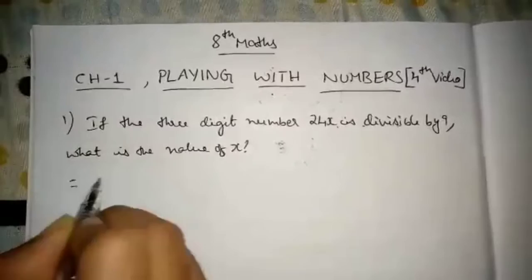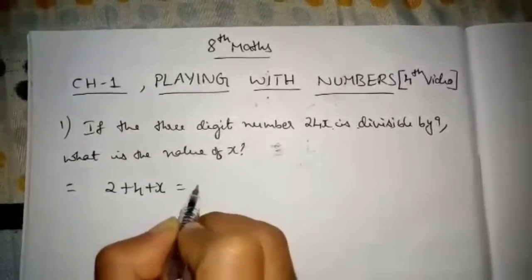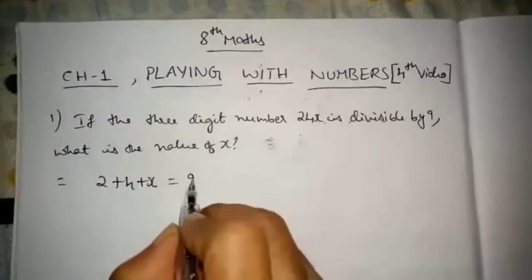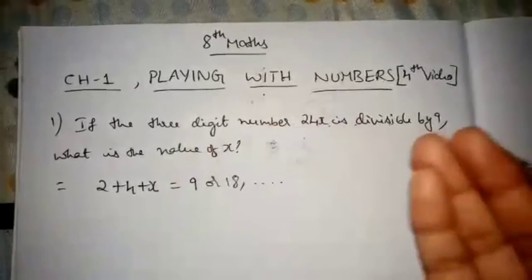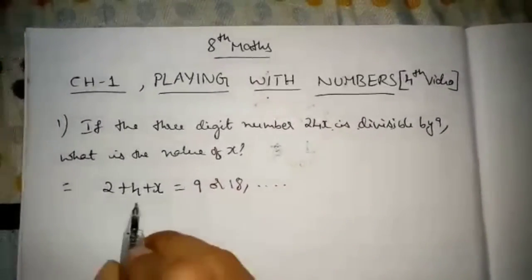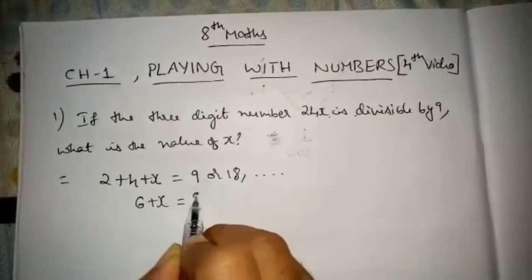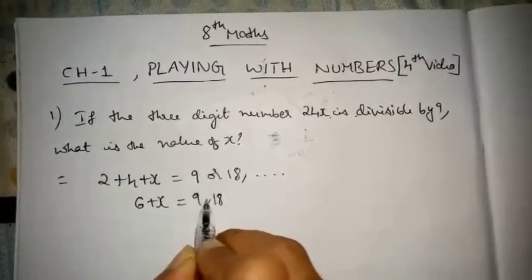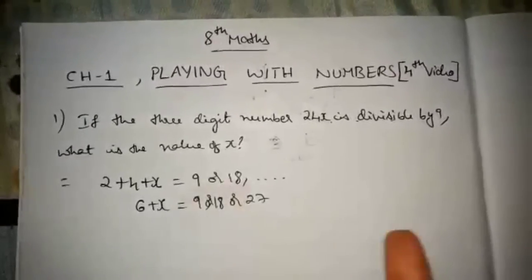So first we'll write 2 plus 4 plus x should be divisible by 9, meaning you should get 9 or 18 etc. 2 plus 4 is 6. So 6 plus x equals 9 or 18 or 27, like that, right?